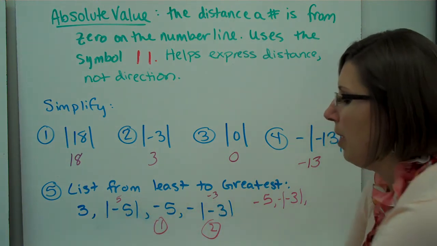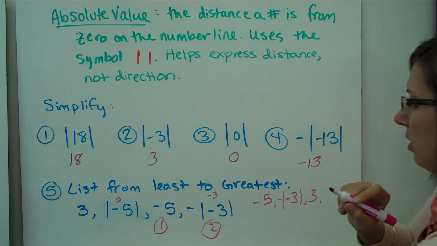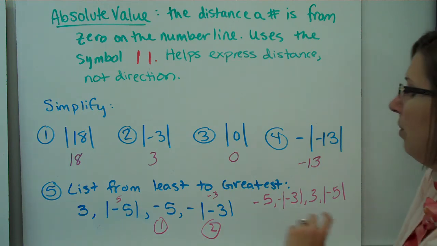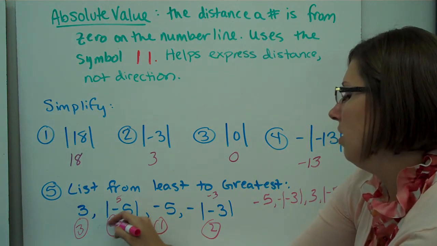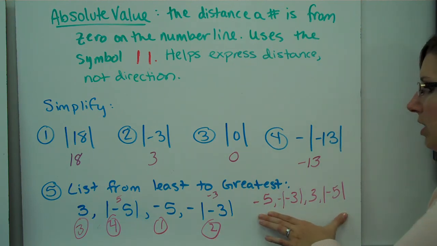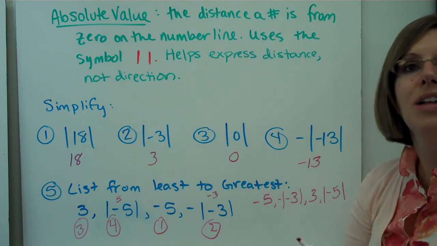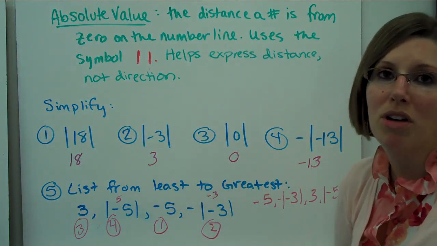And then the other 2 are both positive numbers. The next one would be 3, and the last one would be the absolute value of negative 5, which is worth 5. Okay, so here's my final answer. Hopefully you followed along. That was just a quick tidbit of information about absolute value and plotting numbers on a number line.